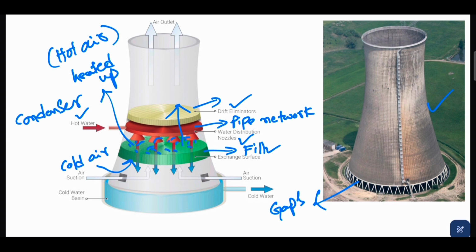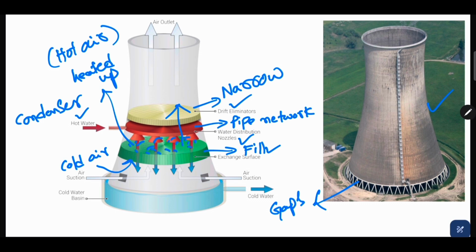We can observe here the cooling tower is in the shape of a hyperbola. The main purpose of preferring this hyperbolic shape is that a hyperbola has a narrow portion at the middle. Due to the difference in density, this hot air gets pushed up.